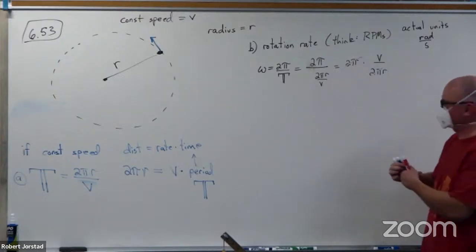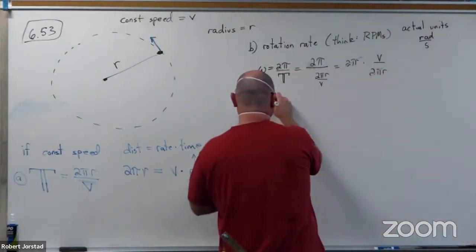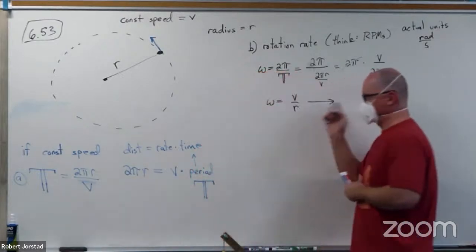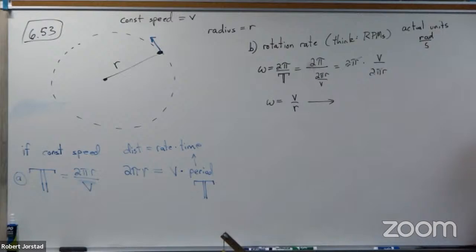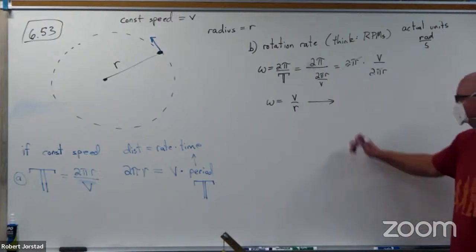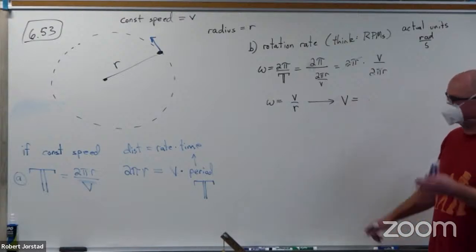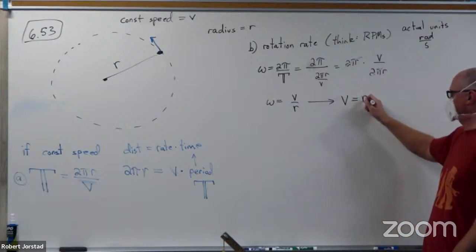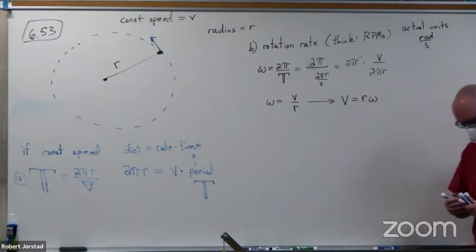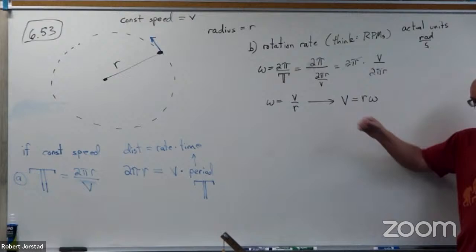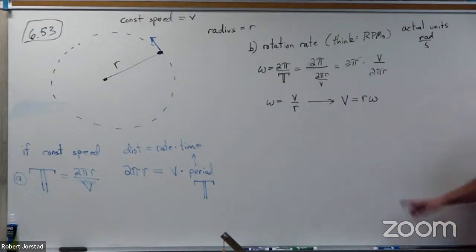So it turns out omega... I memorized this in another way. It's also written on your equation sheet another way. Look, v is not your omega, it's r omega. Okay, if it works, it works. If it doesn't, sorry. v is r omega, all right?